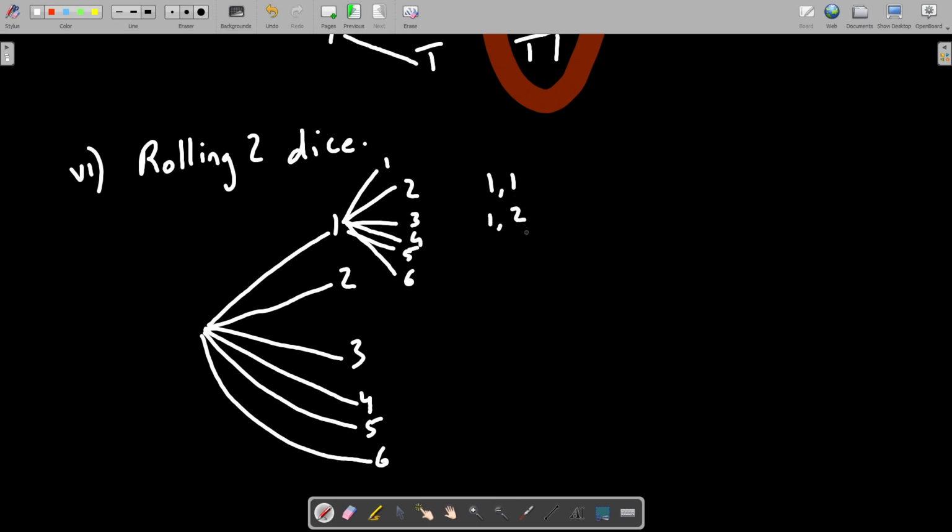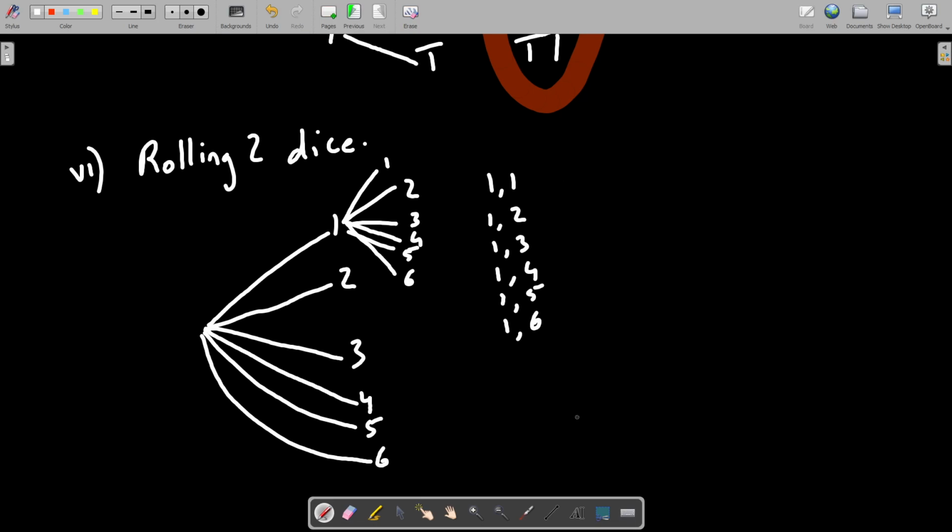So 1 on the first one, 2 on the second one, 3. Right, so these are the possibilities. I have written only for 1. This will happen for every element like this, 2,1, 2,2, 2,3 and so on.